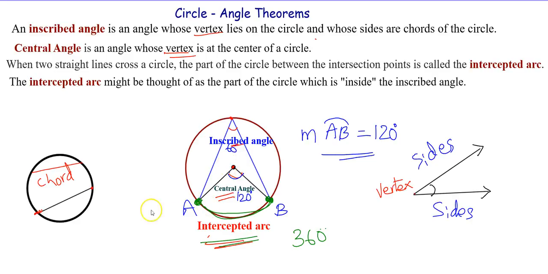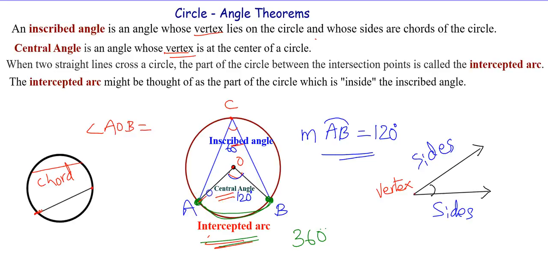Okay, so now let me give this symbolic representation. I'll call this O, and let me take this as C. So the measure of angle AOB, where is angle AOB?